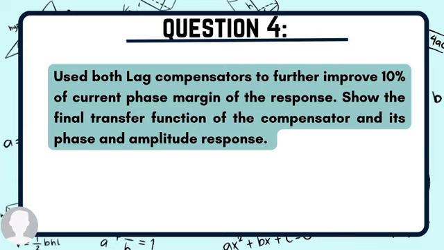For question 4, use the lag compensator to further improve the current phase margin of the response by 10%. Show the final transfer function of the compensator and its phase and amplitude response.